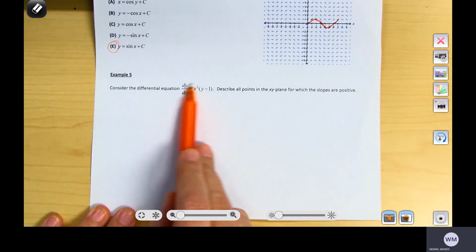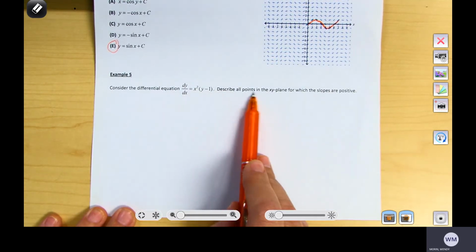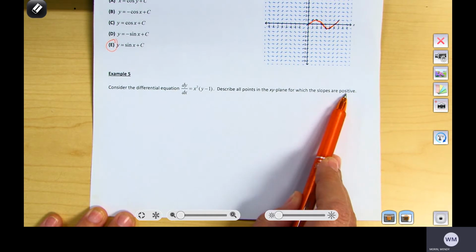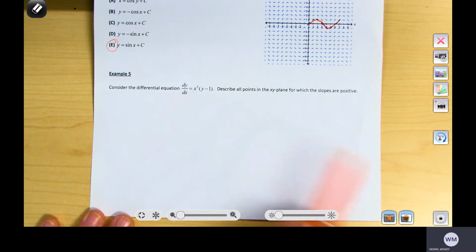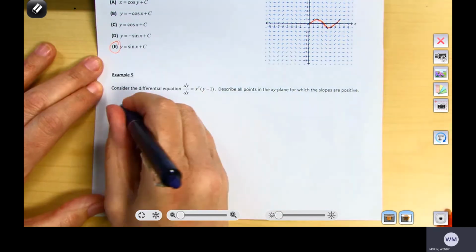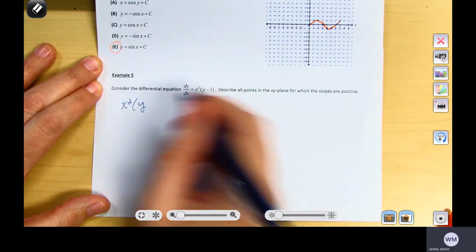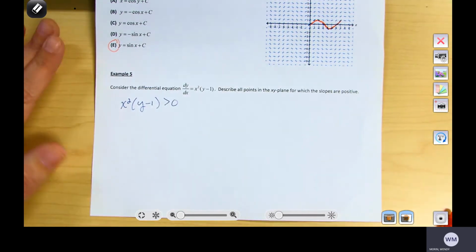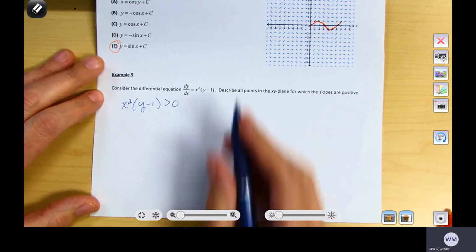Here's our differential equation. Describe all points in the xy plane for which the slopes are positive. So in order for our slopes to be positive, what must be true? Well, if x squared times y minus 1 needs to be positive, what must be true?